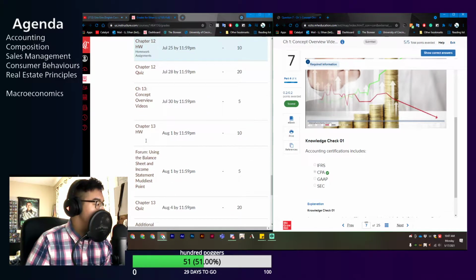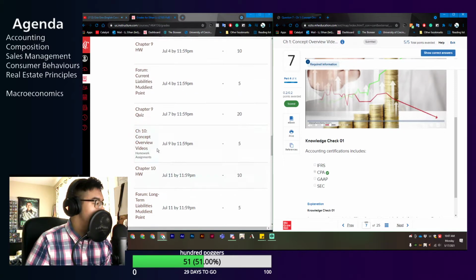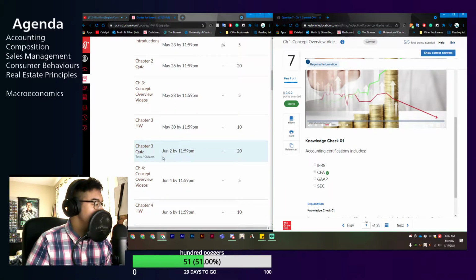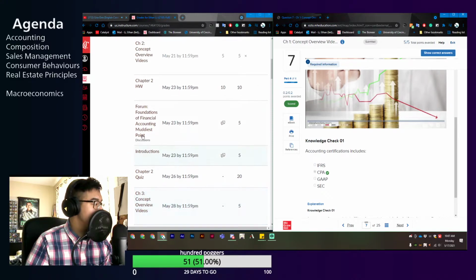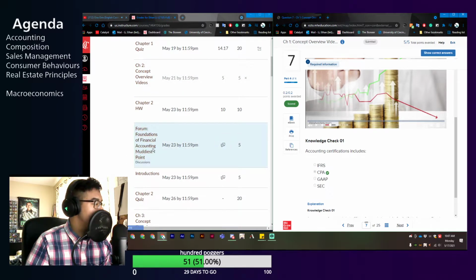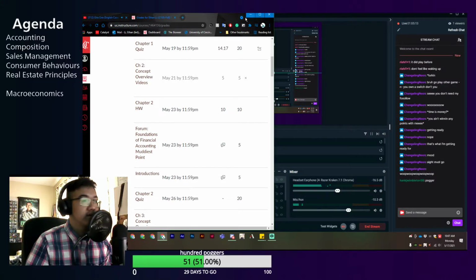Wait, where did the muddiest point thing go? For this unit. What? Okay, so that's foundations. Wait, what?